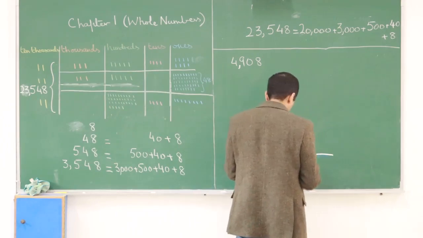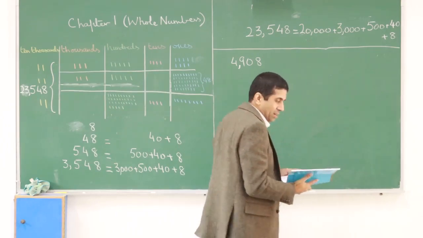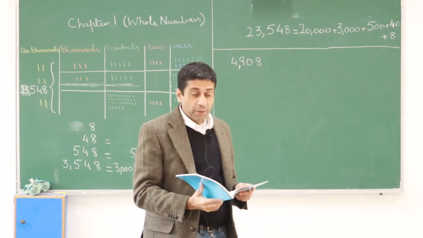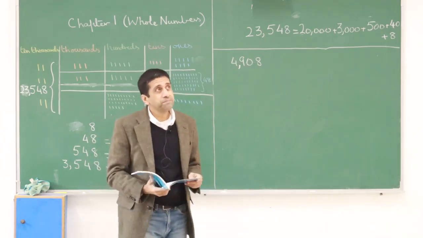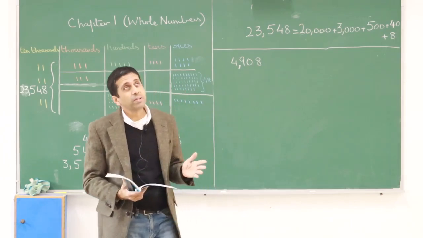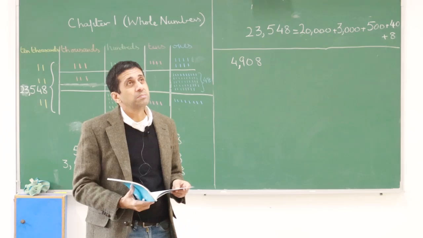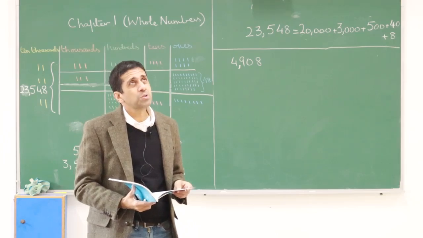So why hasn't the book made the comma written this? Babu, sometimes what happens is that sometimes the numbers are very large. Sometimes it's awkward. When is it awkward?